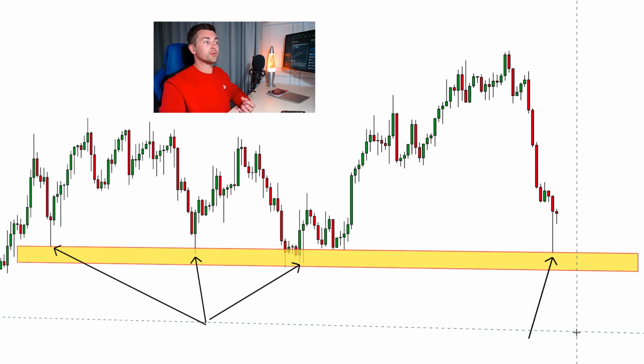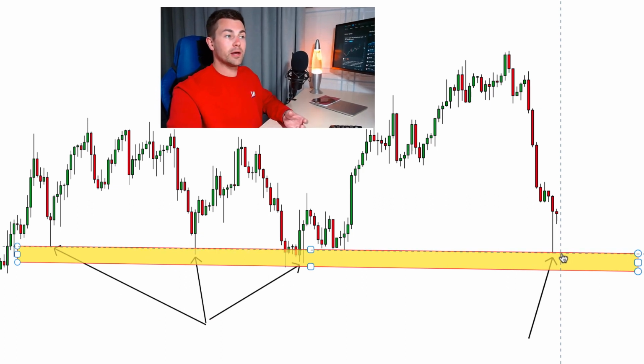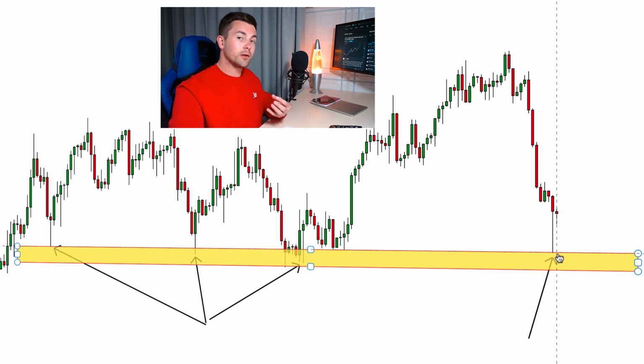Of course, sometimes even the rejection candle fails. It doesn't mean that it gives us a 100% chance that the market will start growing, but at least it increases the chances. We know that forex trading is a probabilities game. For that reason, we are looking for different clues and confirmations that increase the probabilities.